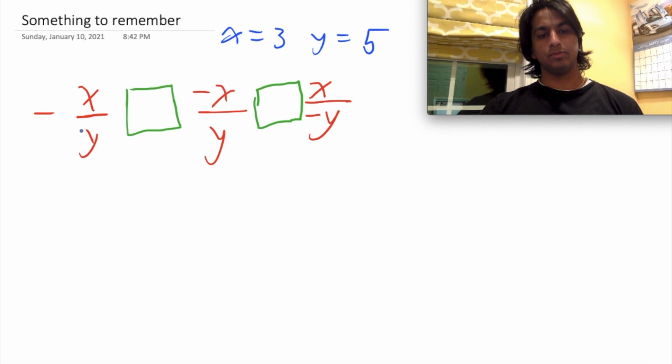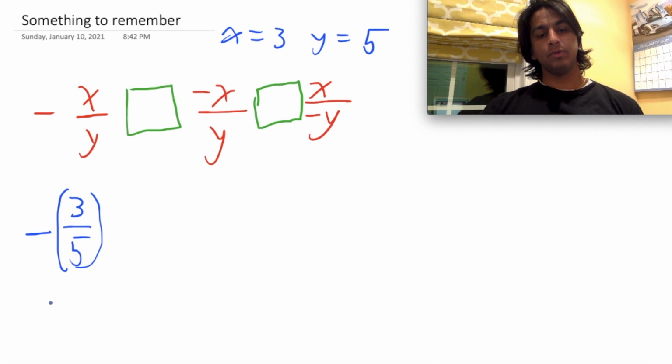So let's see what this first one is. That would be a negative out here, and a 3, and a 5. If you have a graphing calculator, you can just put in -3/5, and remember, don't use the minus sign, use the negative sign when you plug this in. But if you have a normal 4 function calculator, just put in 3/5 and then change the sign. You're just multiplying it by -1.